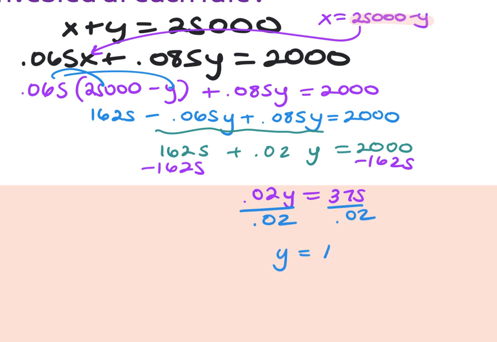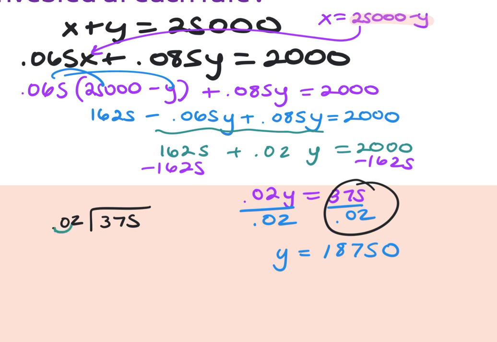$18,750. So just as a reminder, if I had to divide this without a calculator, I'd have to do 375 divided by 0.02, and I have to move this back twice, which means I'd move this back twice.